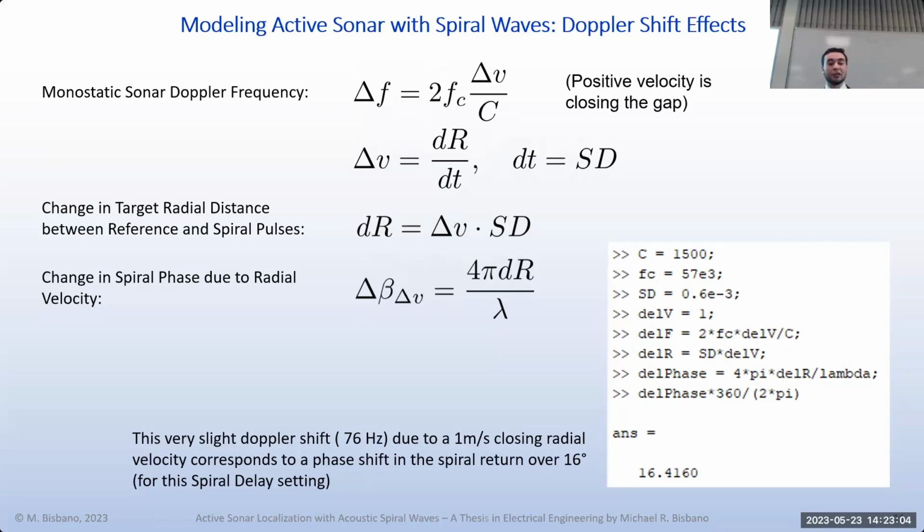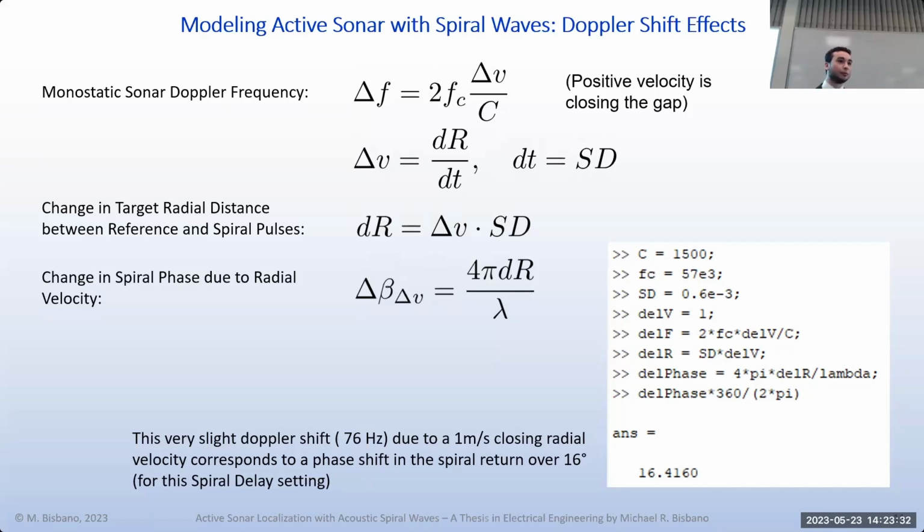So this delta beta, due to delta V for change in velocity, goes by 4 pi times the change in radius over lambda. On the right here, I'm showing a quick calculation I did in MATLAB to showcase that for a target moving at 1 meter a second, which is relatively slow compared to some of the targets out there.